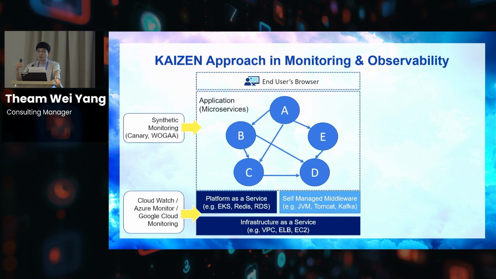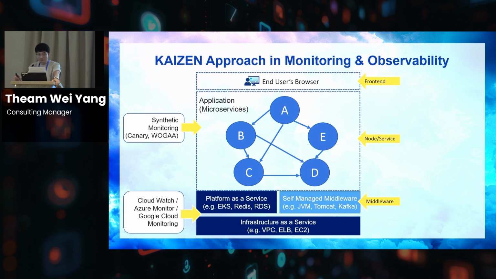This will also provide another dimension of monitoring. And finally, we come to our Kaizen, which covers the middleware portion, like the JVM, Tomcat, and Kafka. Additionally, it provides service-level or node-level monitoring. It also extends to cover the front end portion, the client side portion, as well.